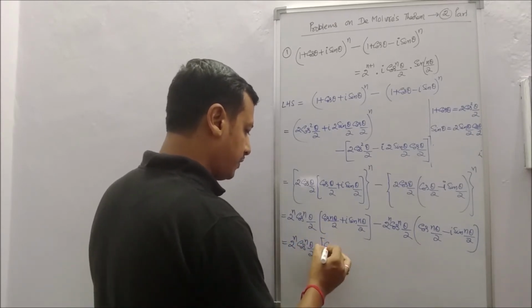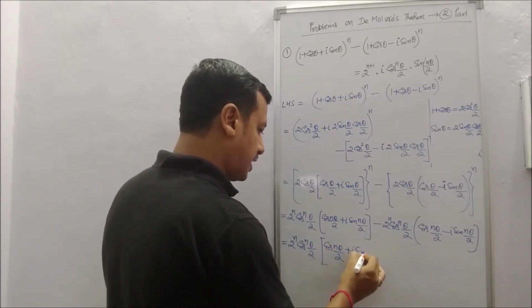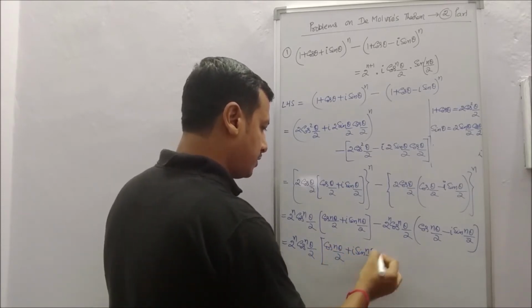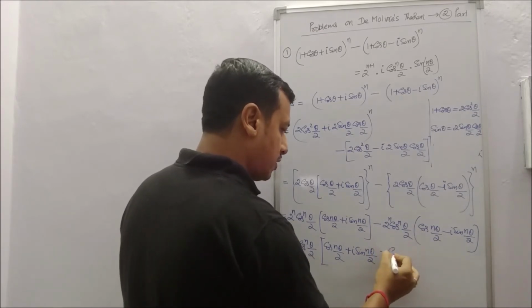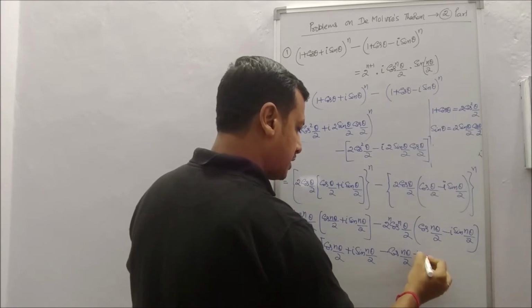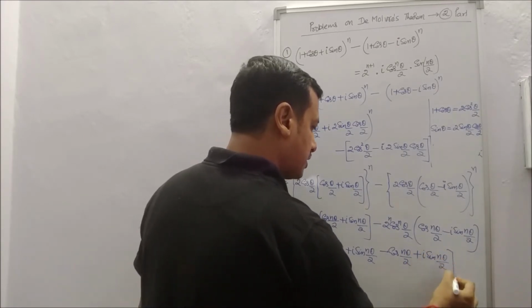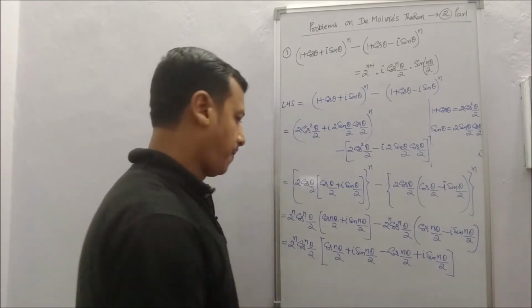So we have cos(nθ/2) + i sin(nθ/2) minus cos(nθ/2) plus i sin(nθ/2).